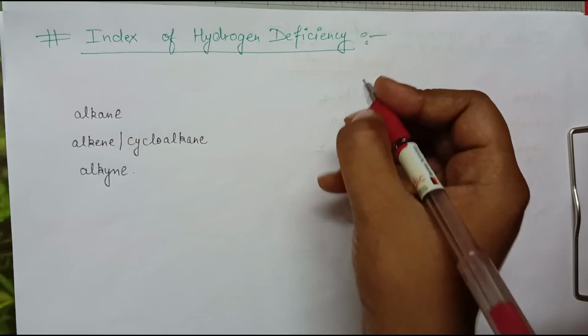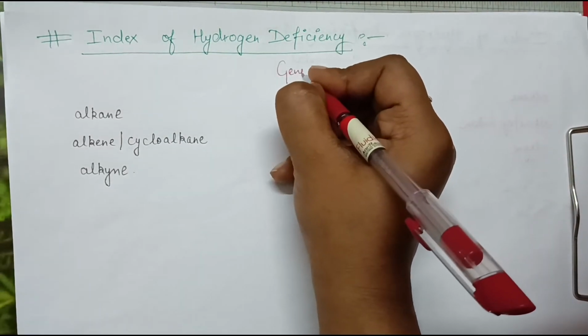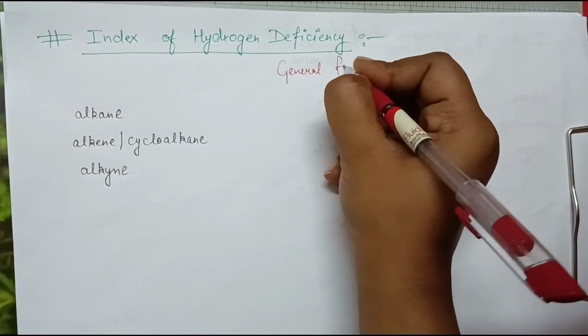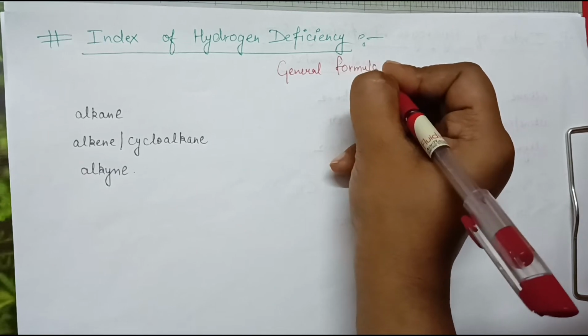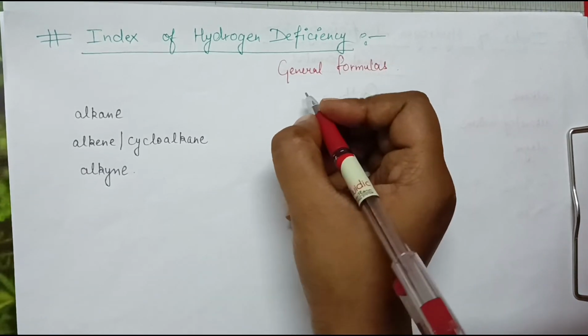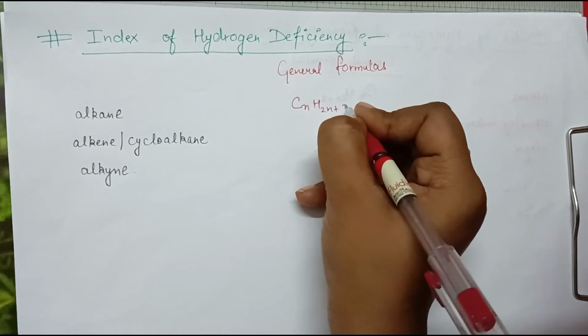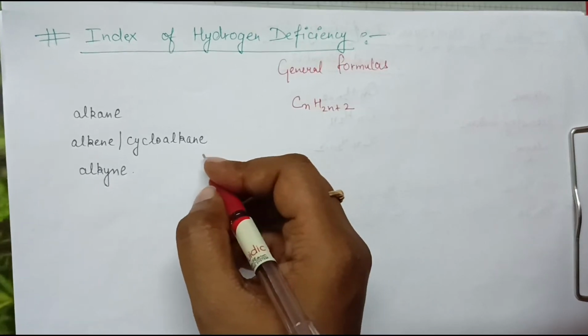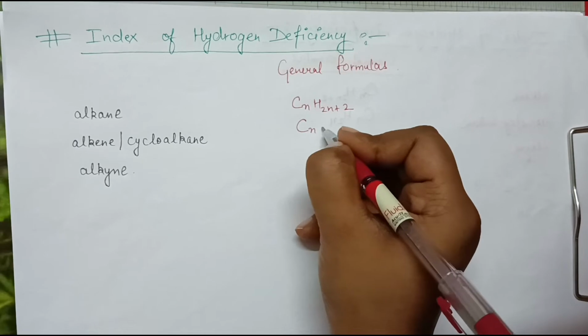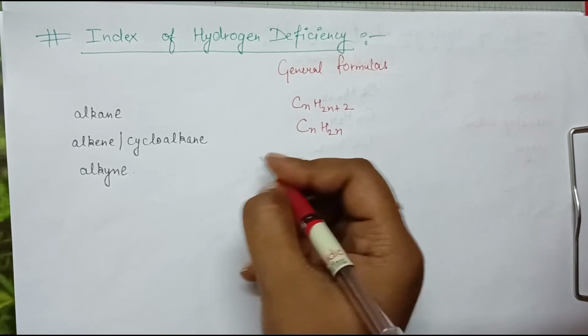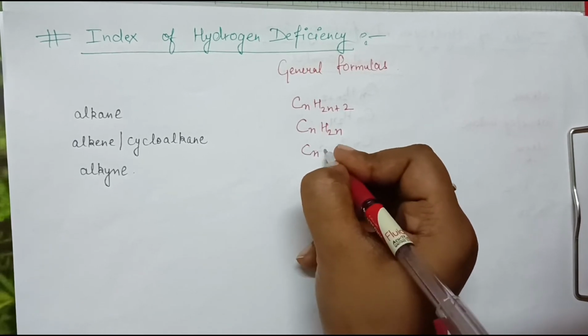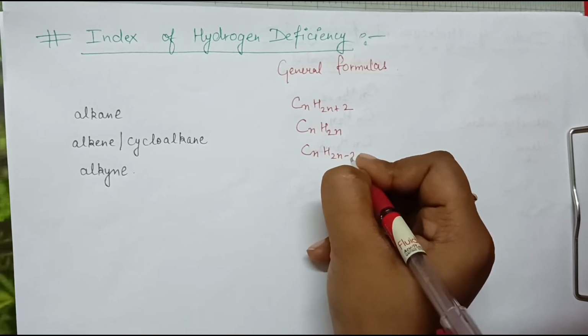If we talk about their general formulas, for alkane the general formula is CnH2n+2. For alkene or cycloalkane it is CnH2n, and for alkyne it is CnH2n-2.